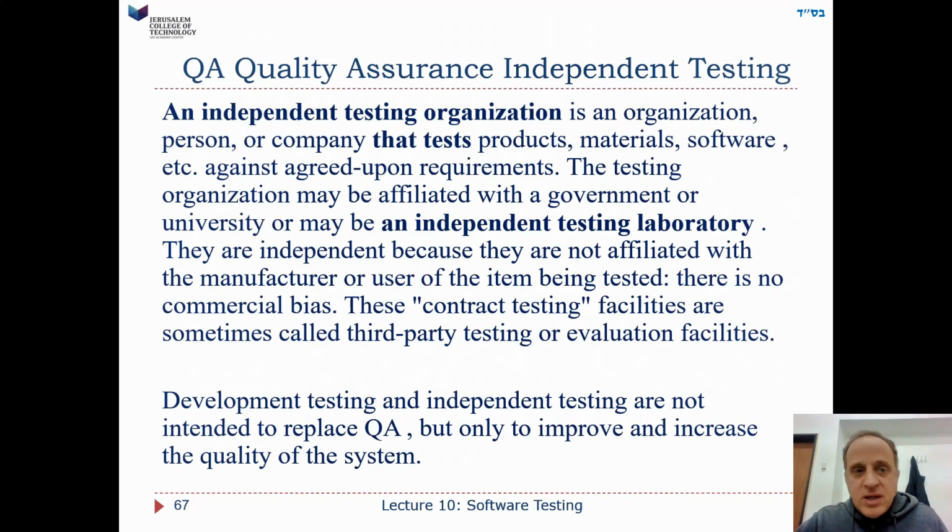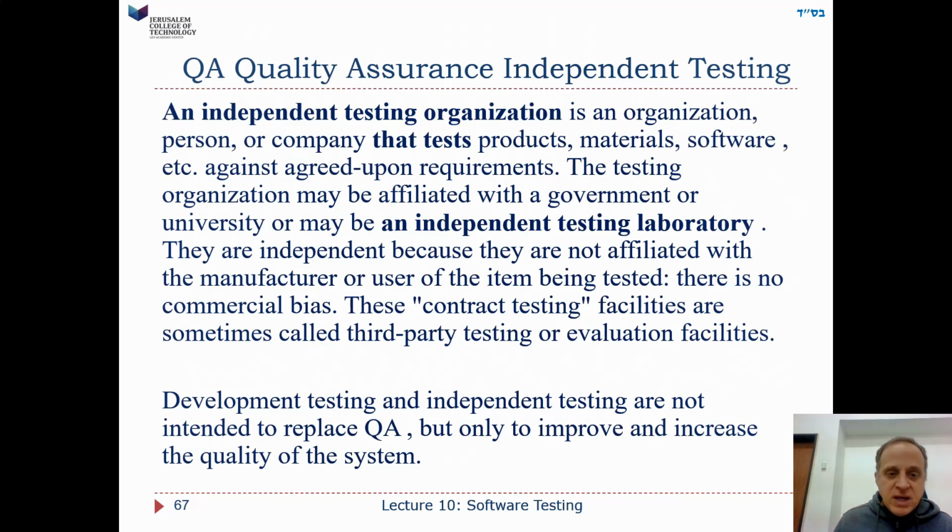Quality assurance, independent testing. An independent testing organization is an organization, person, or company that tests products, materials, and software against agreed upon requirements. The testing organization may be affiliated with a government or university, or may be an independent testing laboratory. They are independent because they are not affiliated with the manufacturer or user of the item being tested.